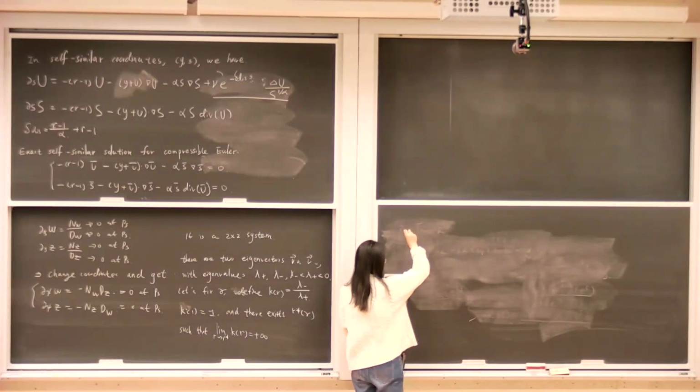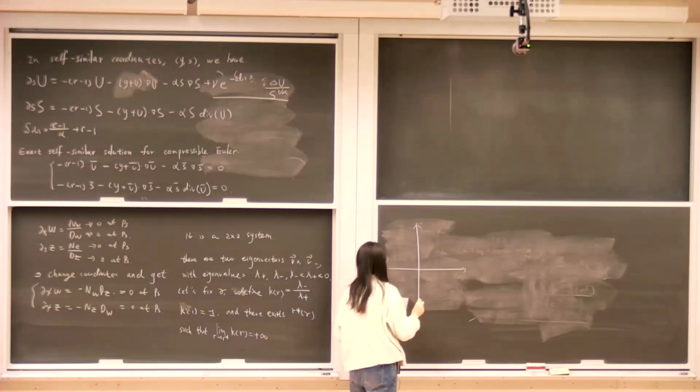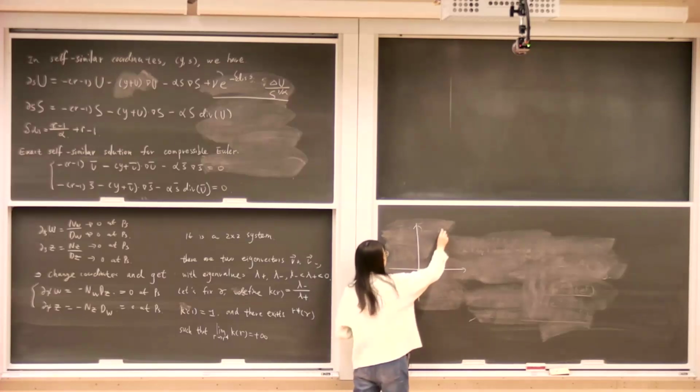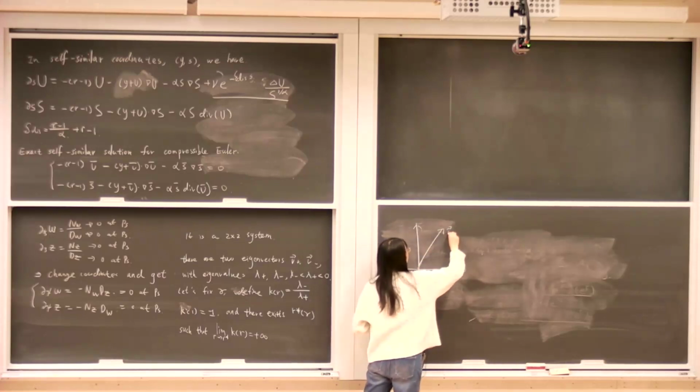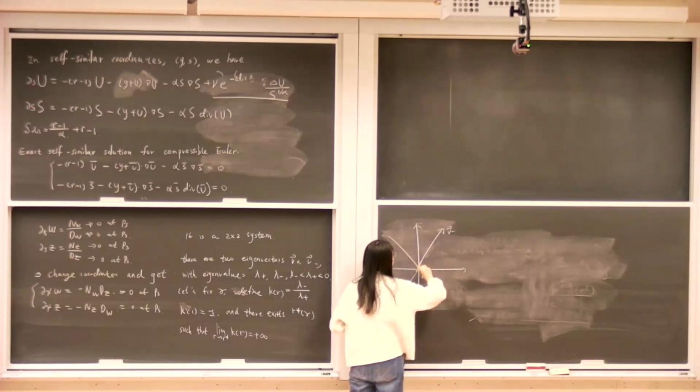So let's just consider the linearized system. Locally, for example, the critical point P_S is the origin. You have, let's call it V minus, and let's call it V star.